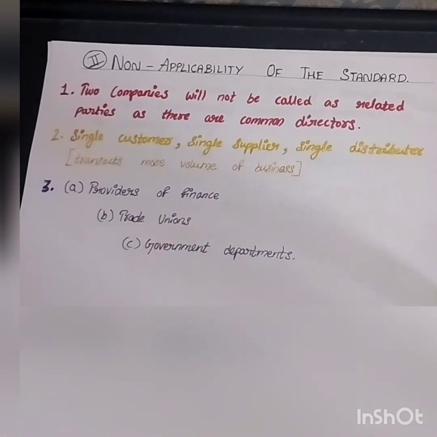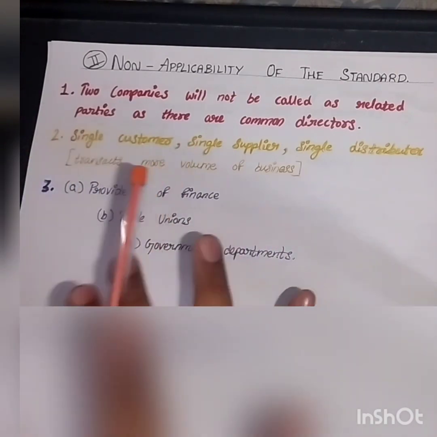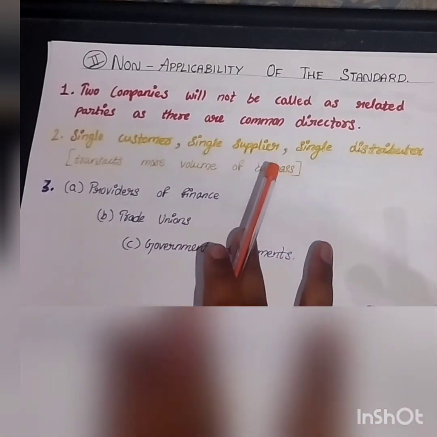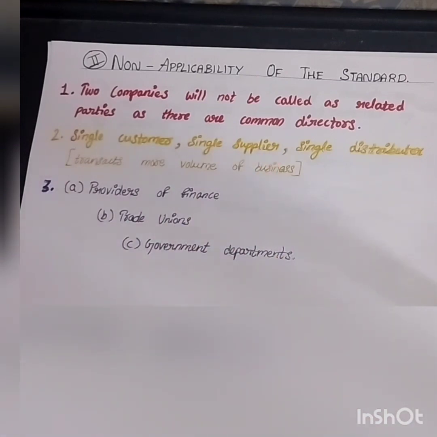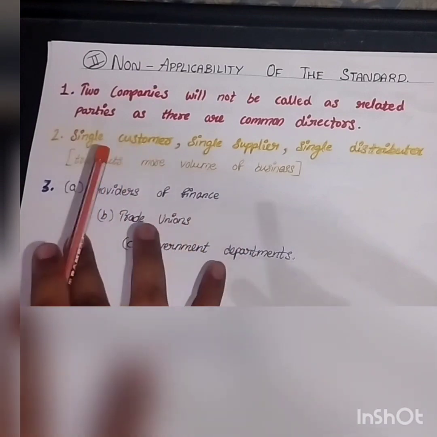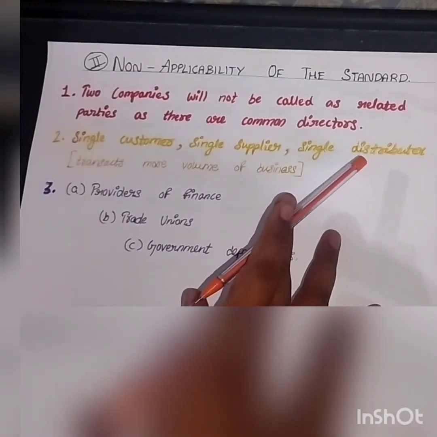And here I want to discuss an important point: non-executive directors, I repeat, non-executive directors, are also not to be treated as related parties. So this standard is not applicable to such related party disclosures. In the second case, single customer, single supplier, single distributor.